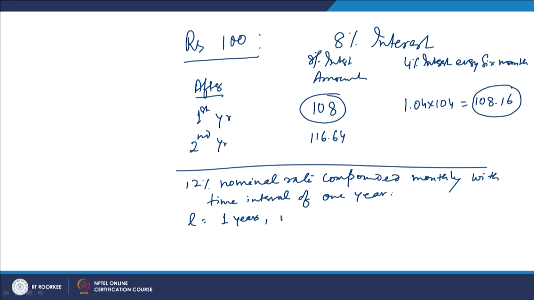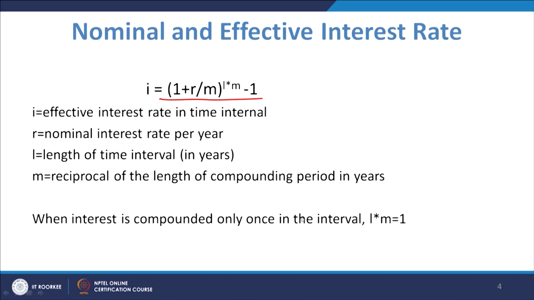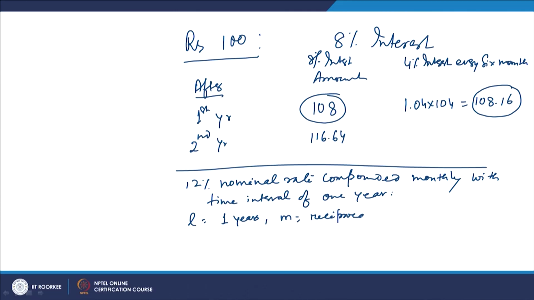Now, m is the reciprocal of the length of the compounding period in years.